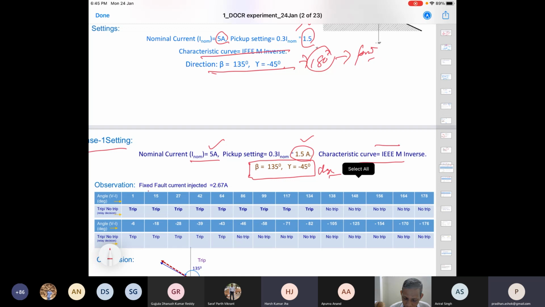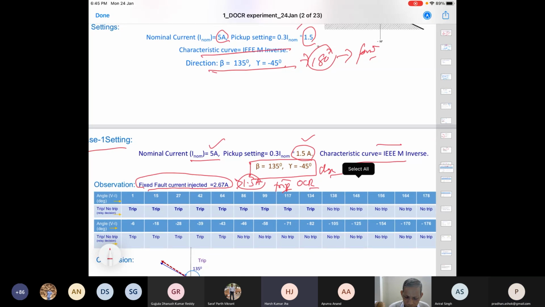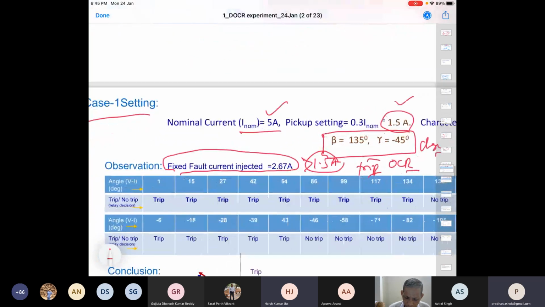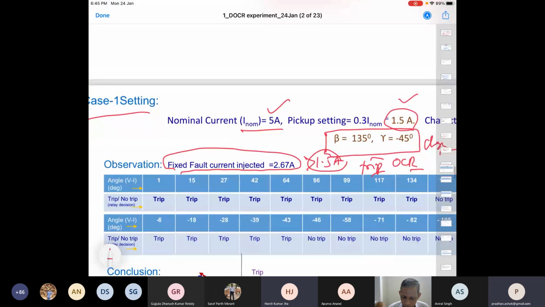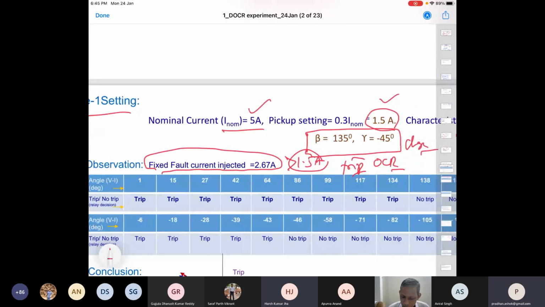A fixed fault current is injected, as mentioned here. This fixed fault current is 2.7 ampere. Since it is greater than the 1.5 ampere pickup setting, it will go for a trip decision for the overcurrent principle. Now we will check the directionality. The angle between voltage and current, you go on changing. What is that angle? 1, 15, 27, 42, and so on. What is our setting?